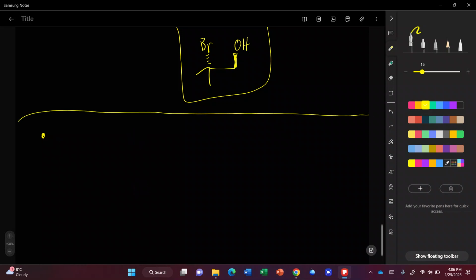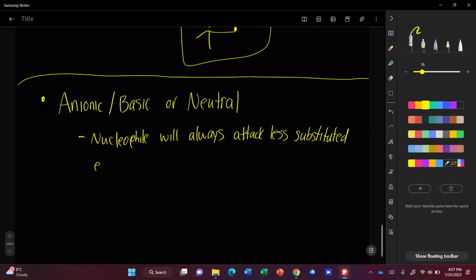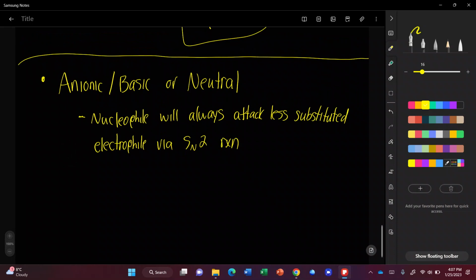And we talked about the fact that if you are in anionic, otherwise known as basic, or neutral conditions, these ones are the easiest, because the nucleophile will always attack the less substituted electrophile via an SN2 reaction. Okay, so that one is really easy.